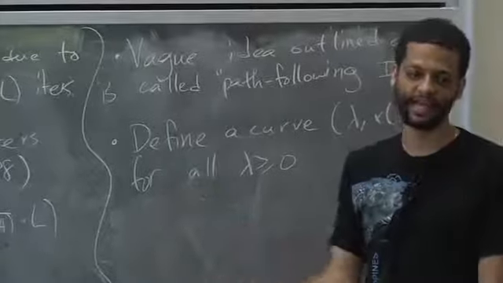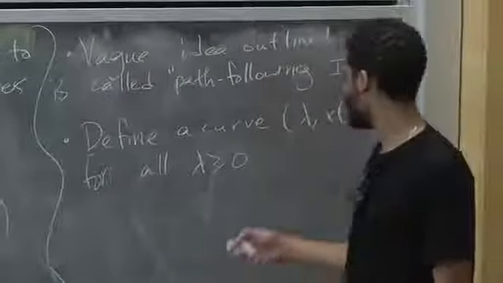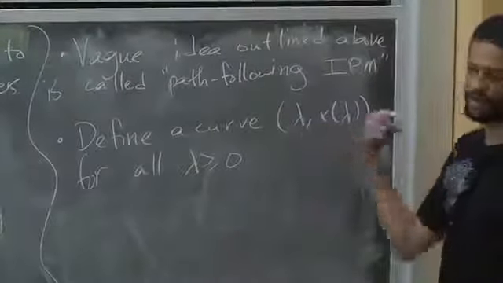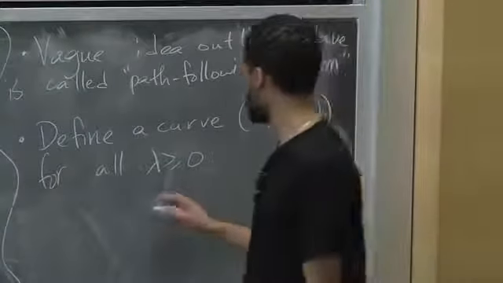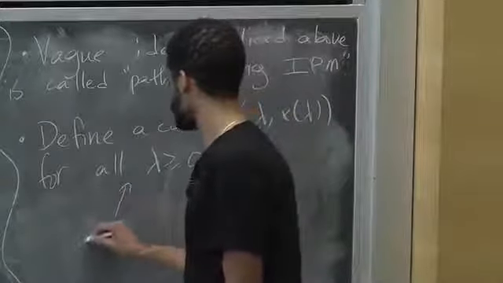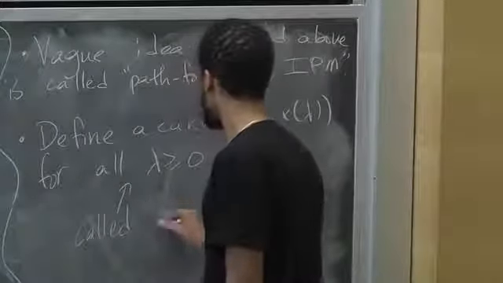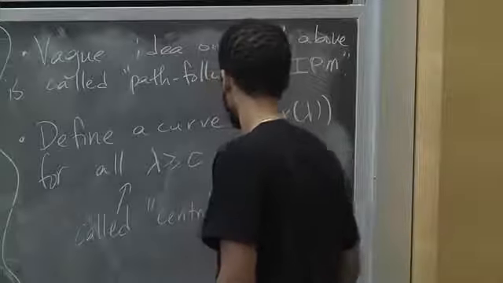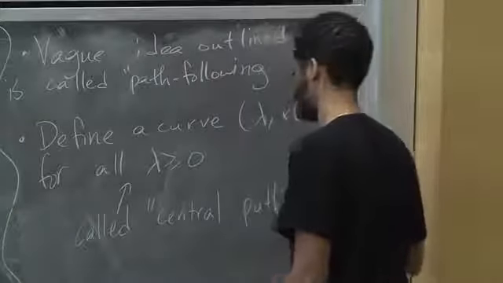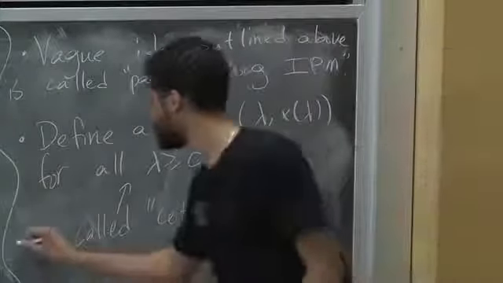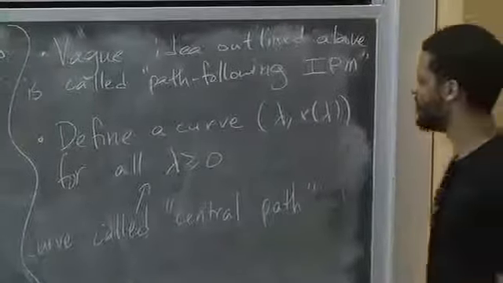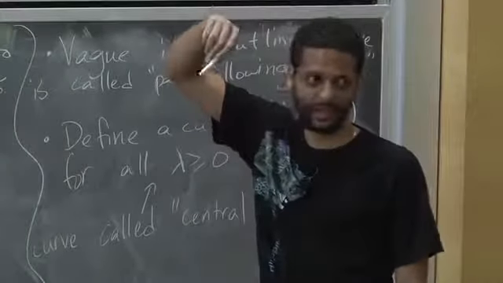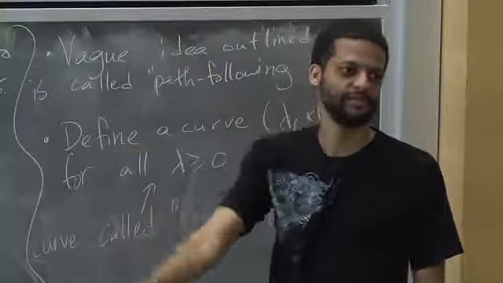We're just trying to stay as well inside the boundary as possible. And then as lambda goes to infinity, we arrive at some optimal vertex. This curve is called the central path. And what path following interior point methods try to do is start somewhere at the beginning of this curve, and then follow the curve.